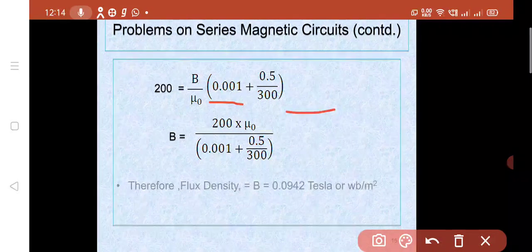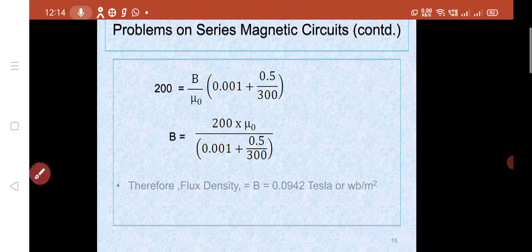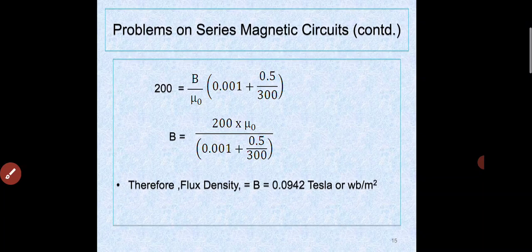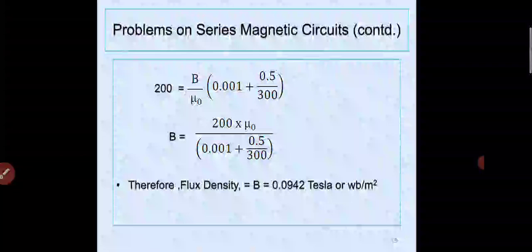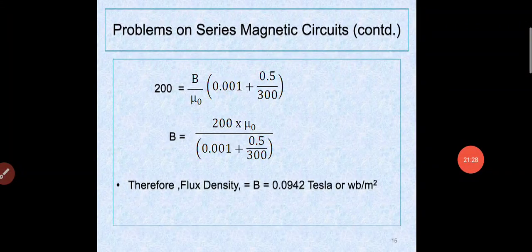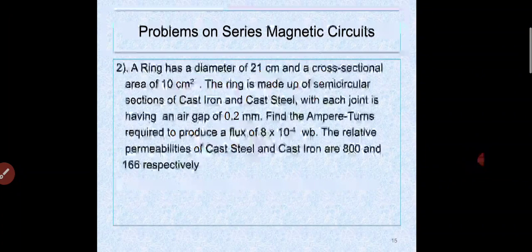So B is equal to 100 into mu naught. Therefore, flux density B is equal to 0.0942 Tesla or Weber per meter square.